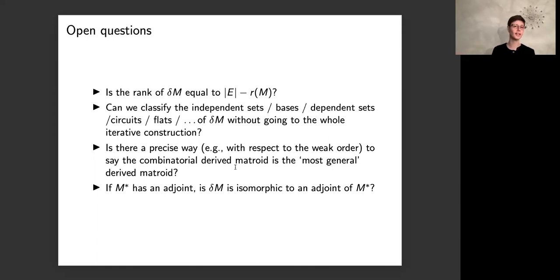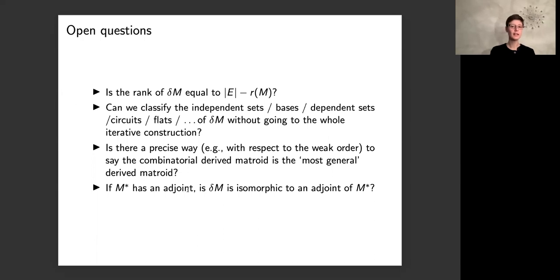So you have to do none of the steps, because they are not going to give you something new independent. And that's very nice, because then you know exactly how all the dependent sets look, because they all satisfy this nullity condition, and then you can calculate with them. And also you can compare them more easily to the other existing definitions. But we're still unsure about how that works in general.